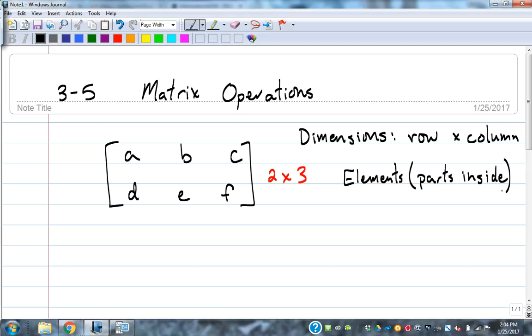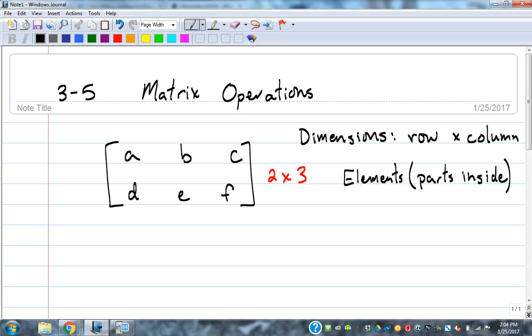For the most part ours will be numbers, but we're going to do some matrix equations mixed in here, and there'll be a few letters in there that we just have to solve for, but they're called elements. So B is an element of this matrix. E is an element on the second row, second column. When we talk about an element, I'm just talking about something that's inside the matrix.